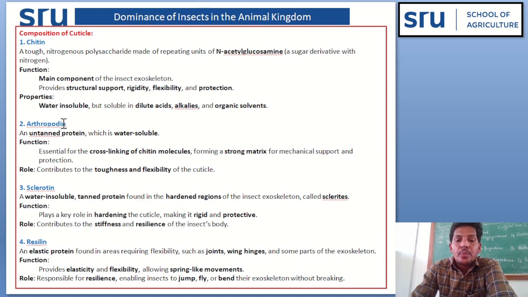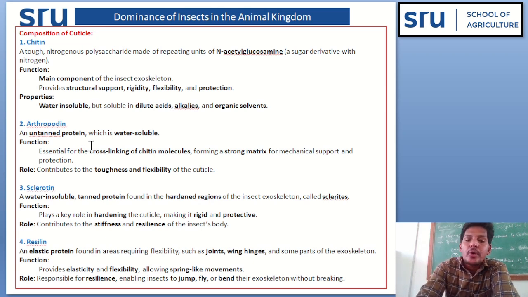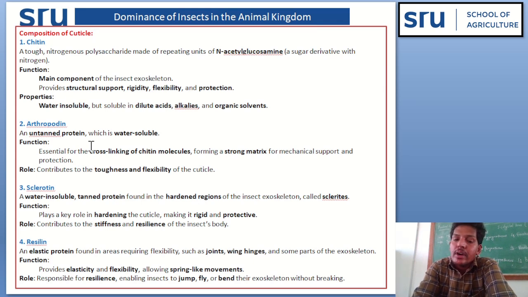Next, arthropodin. First, see the properties of chitin. It is water insoluble but soluble in dilute acids, alkalis and organic solvents. Next, arthropodin. It is an untanned protein which is water soluble. What is the function of arthropodin in the insect body wall? It is essential for cross-linking of the chitin molecules.